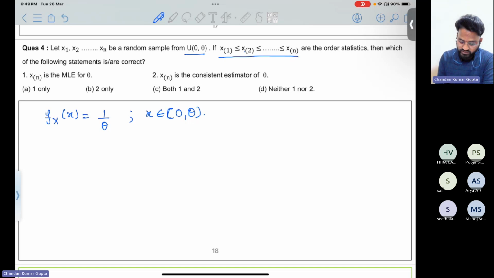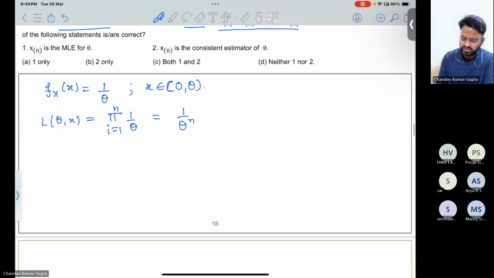So first we will make the likelihood equation, which is equal to the product for i from 1 to n, since we have n random variables, of 1 by theta, which comes out to be 1 by theta to the power n. We may take the log of the likelihood, which is equal to 0, that is log 1 equals 0, minus n log of theta.